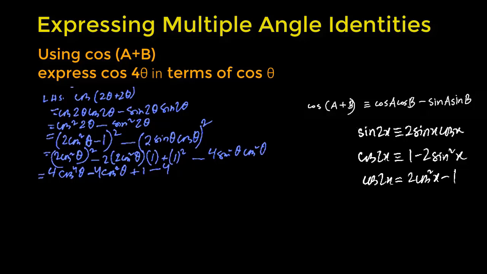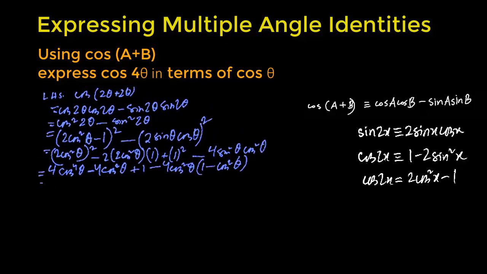We have to make it cos square θ, because in our proof the identity has to be completely in terms of cos. So instead of sin square we can write 1 minus cos square. Let me write the cos square θ ahead, and instead of sin square θ let me write 1 minus cos square θ.